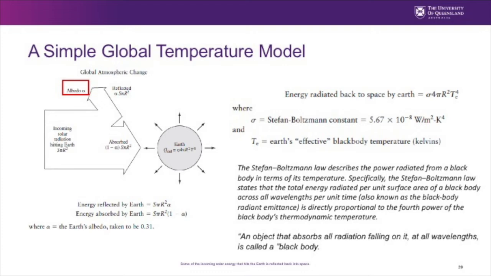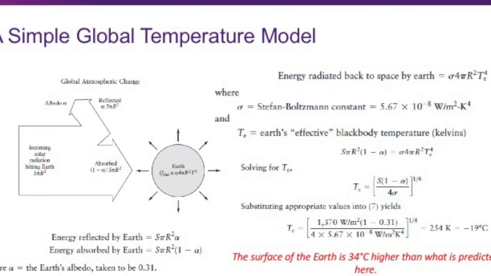So the equation for the energy radiated back to space by Earth will be equal to the Stefan-Boltzmann constant, which helps us estimate this radiation. And if you have done some work with energy balances, you are familiar with this equation, the Stefan-Boltzmann equation, and the constant.